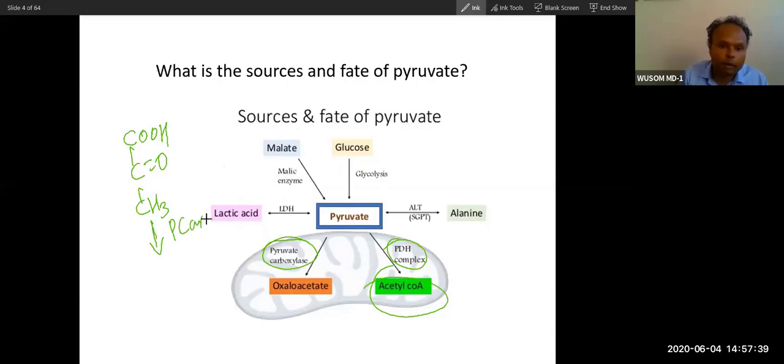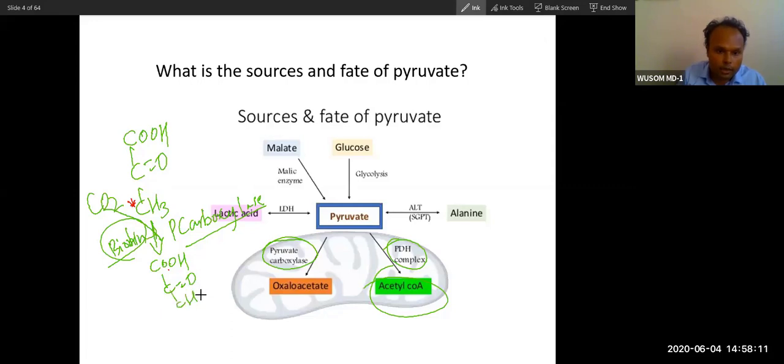Pyruvate carboxylase, any carboxylase, is a biotin containing enzyme. It carboxylates using carbon dioxide. What it does is add carbon dioxide at this carbon, so this molecule converts into CH2 and then the carbon dioxide is added here as COOH.